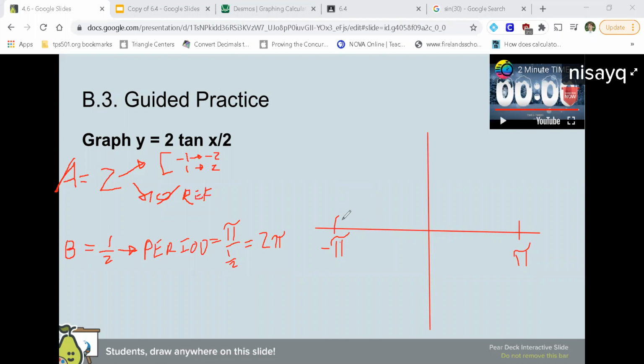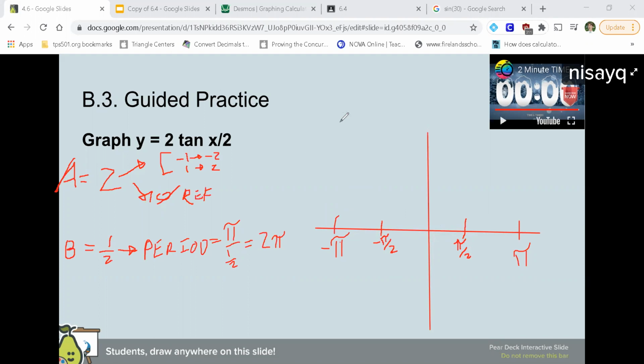And again, if you double check, the length from -pi to +pi is 2 pi. The halfway point would be the y-axis. Quarter way point would be -pi over 2. 3/4 point would be +pi over 2.